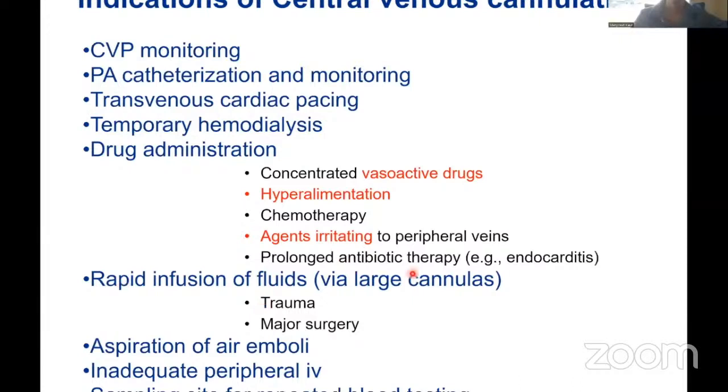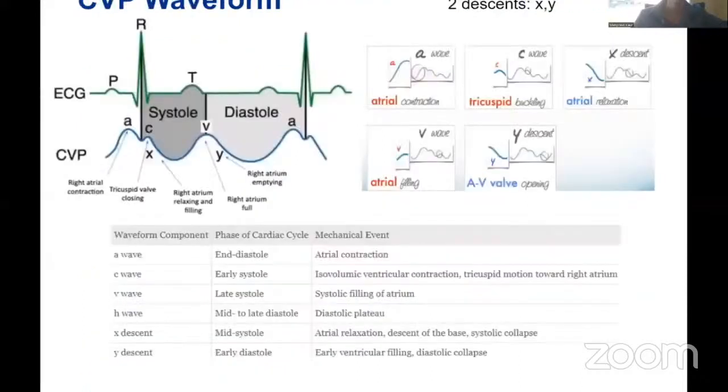In major traumas, major surgeries, when we have risk of air emboli for the aspiration, and when we have inadequate peripheral IV access.